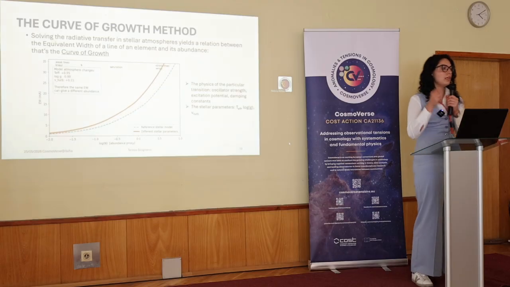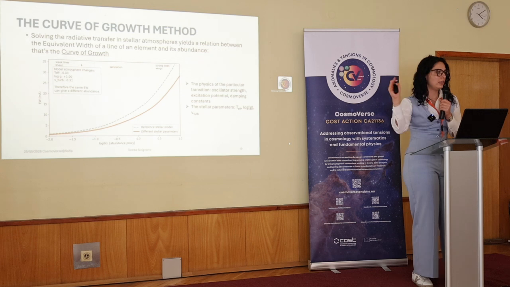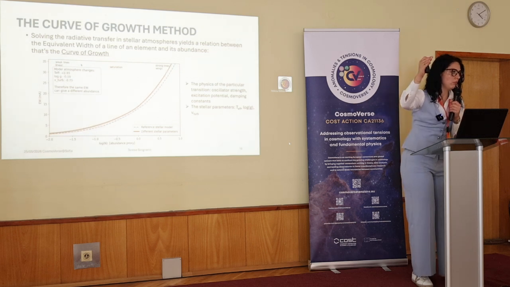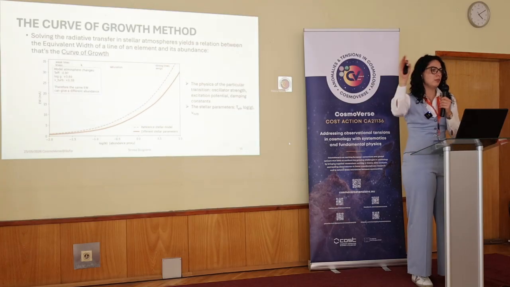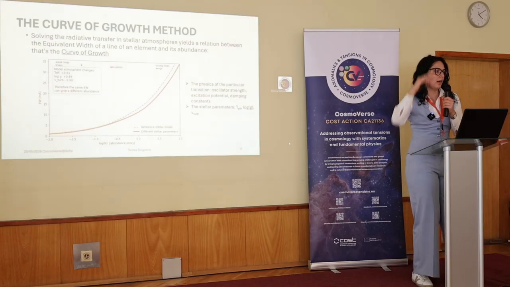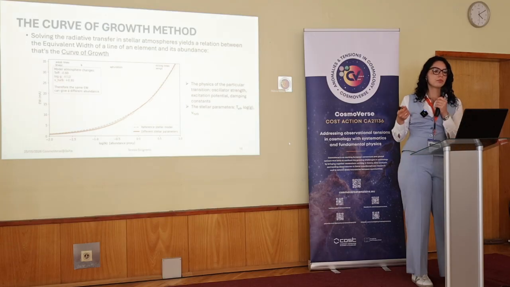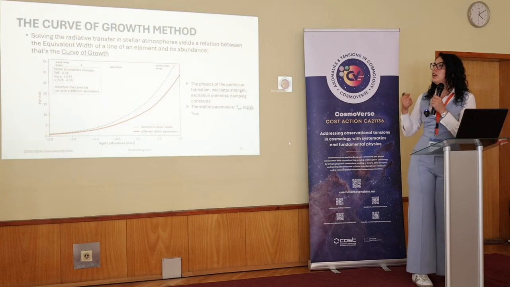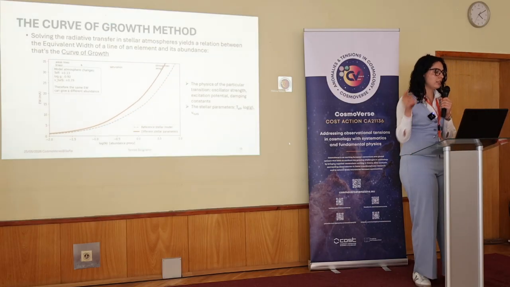So, the equivalent width is the area that I was showing you inside a line with respect to a continuum. For this reason, the continuum was important, because the equivalent width is the flux that's absorbed in a line with respect to the continuum.